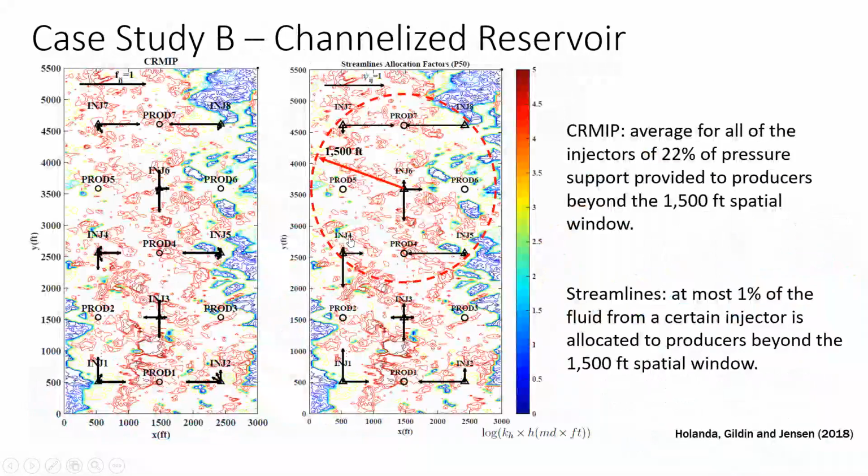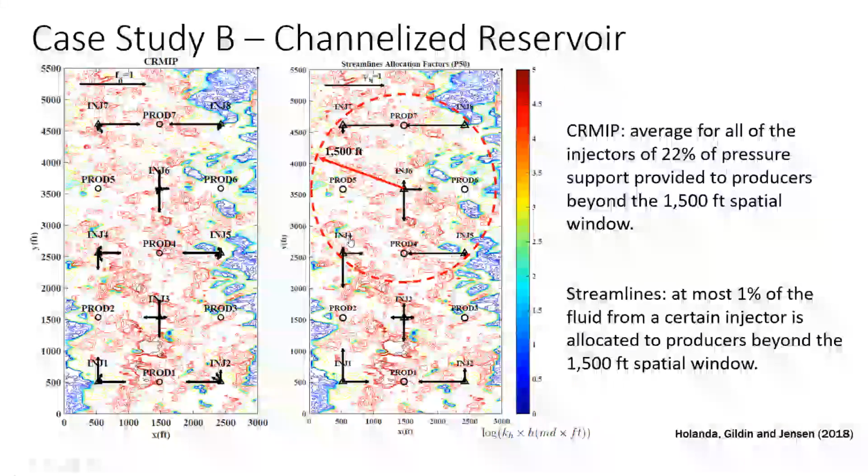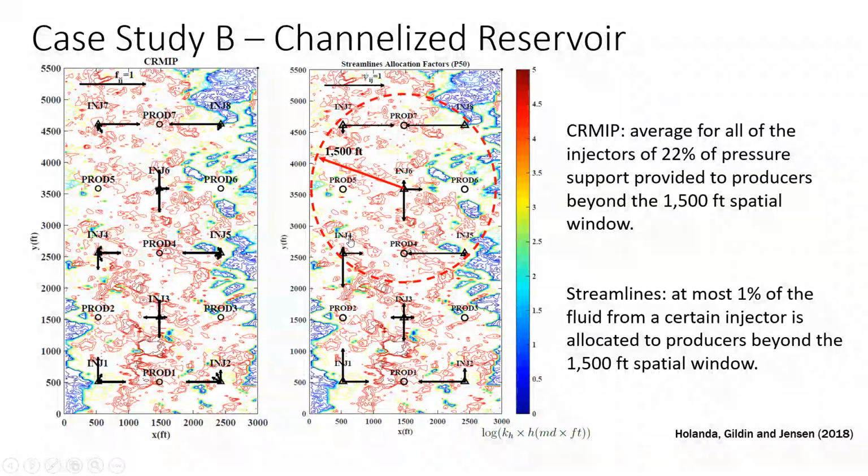Again, we have that comparison between CRM interwell connectivities and streamline allocation factors, and we can see that through the CRM, an average of 22% of the pressure support from all of the injectors was provided to producers beyond the 1,500 feet spatial window, so beyond the adjacent producers for a given injector.